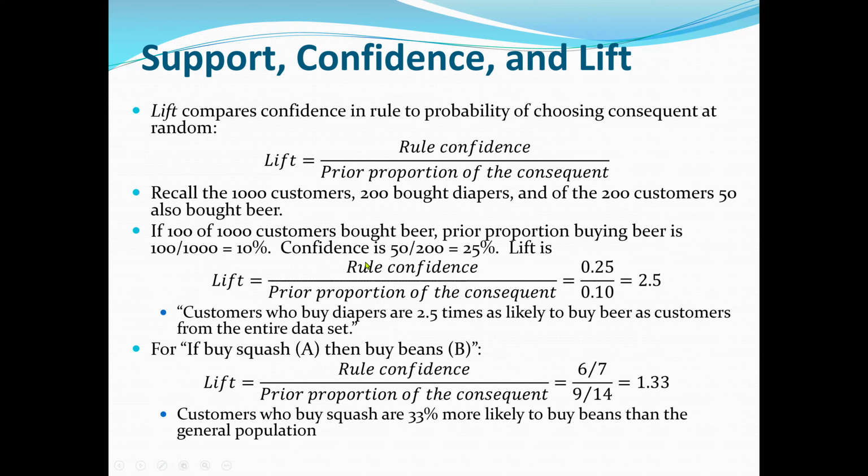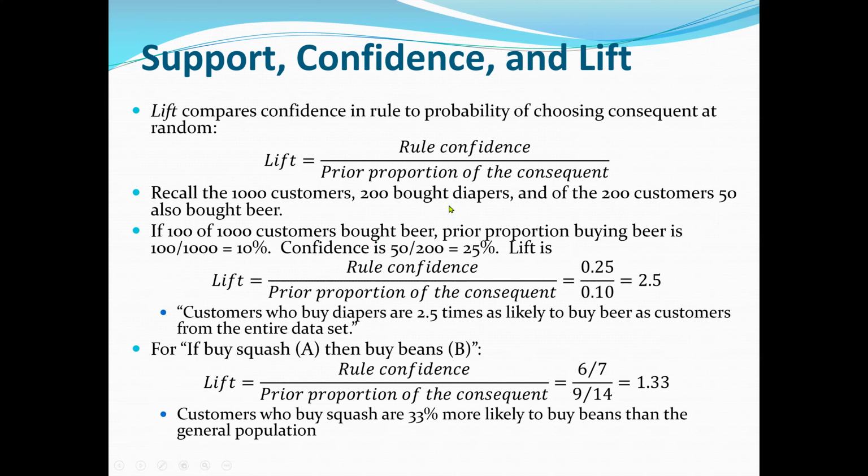So the confidence still will be 50 over 200, because confidence is about the customers who buy diapers, not the 100 customers that buy the beer, since not all of them also buy diapers.